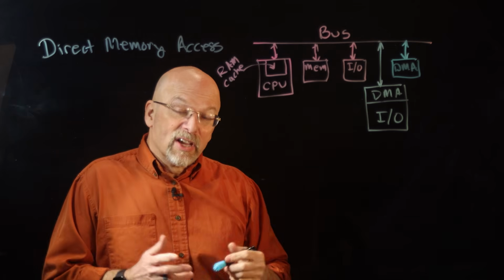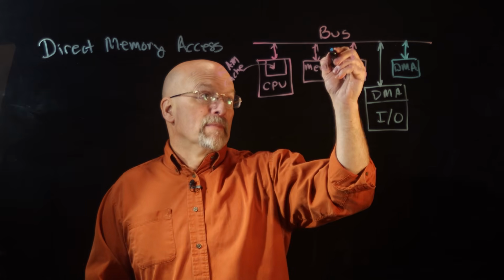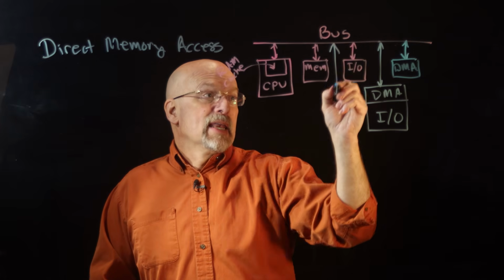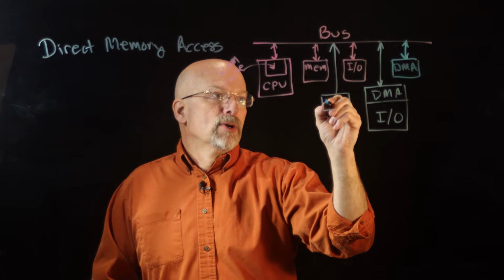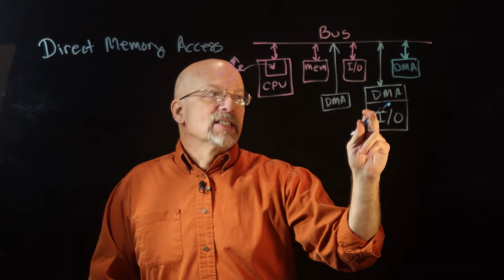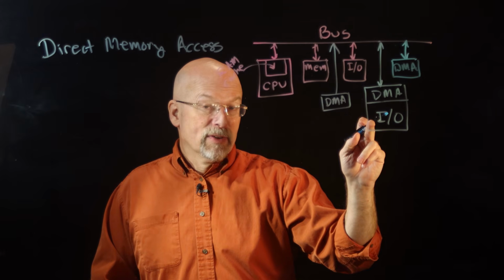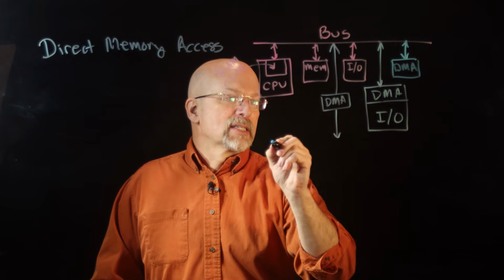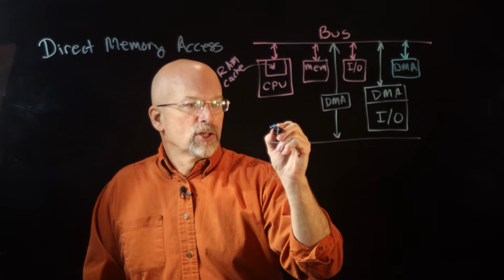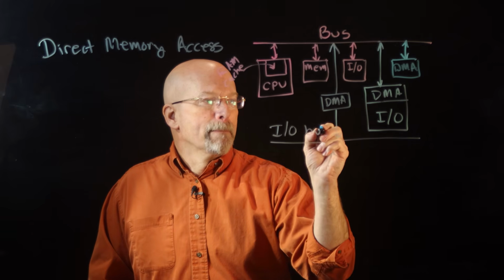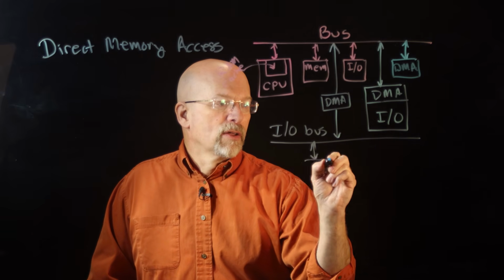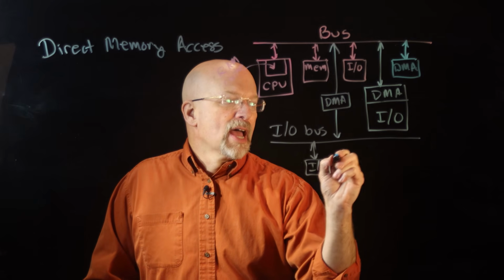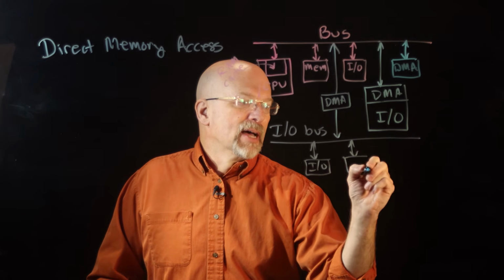Now we actually have another solution that could be done. By doing an interface through a DMA, instead of going to a single I/O device like a hard drive or a network interface card, instead connect it to an I/O bus and then have all of your I/O devices hanging directly off of that bus.